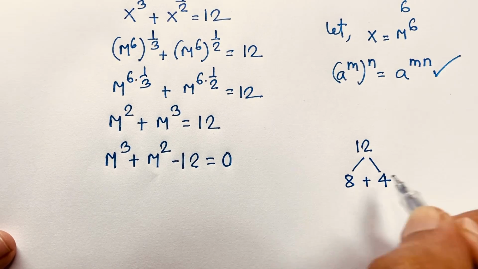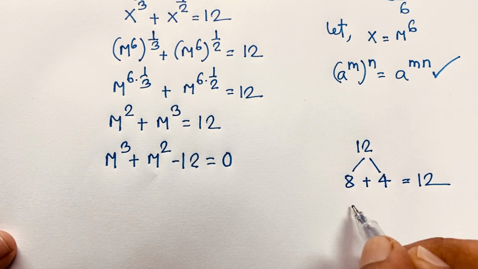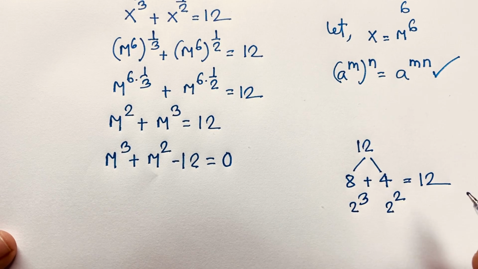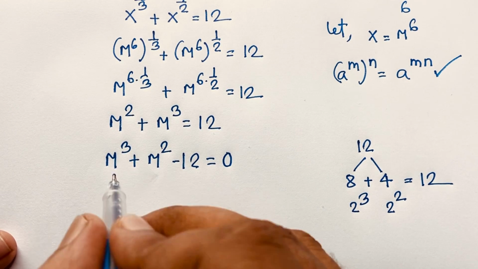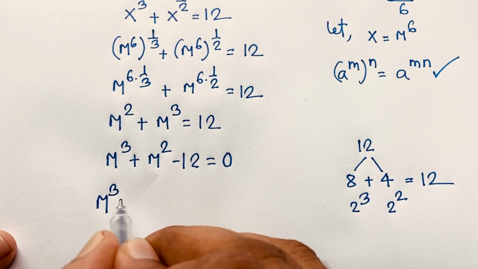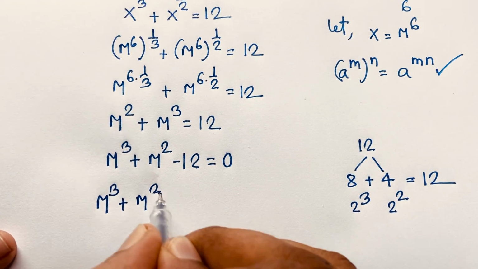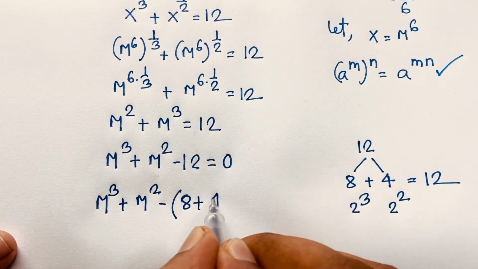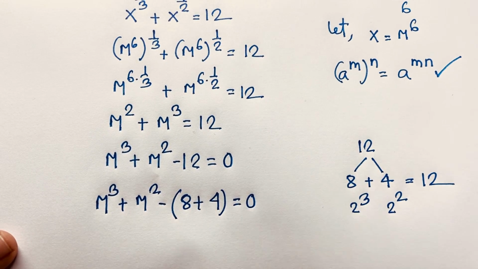We know that 8 plus 4 is 12, and this 8 will be 2 to the power 3, this 4 will be 2 to the power 2. Now m to the power 3 plus m square minus, and this 12 will be 8 plus 4, is equal to 0.